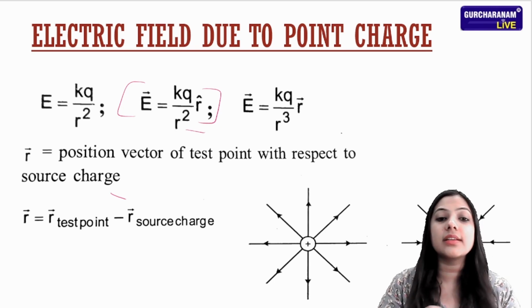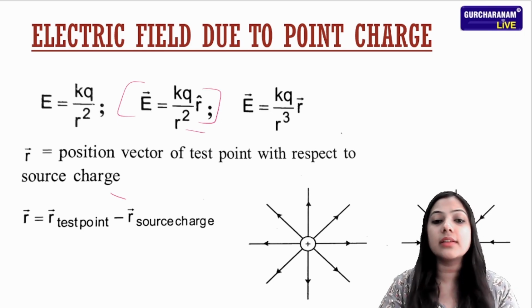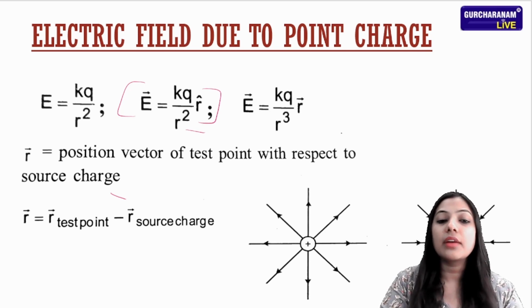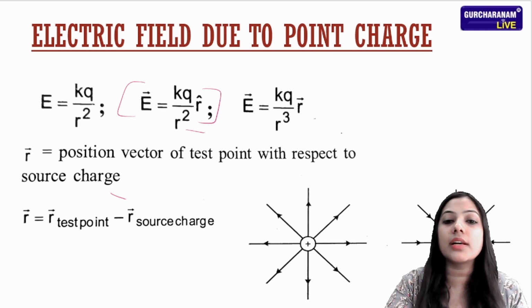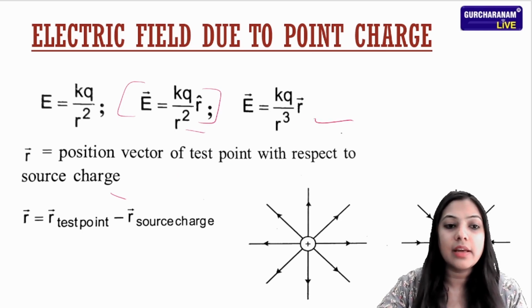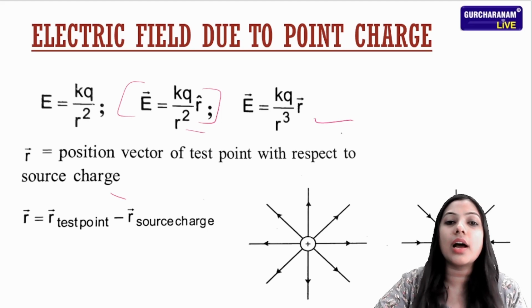So r vector equals r vector of the test point minus r vector of the source charge. We find r vector with the help of this formula, and we put its value in that formula. So we have three formulas of electric field. These formulas are for electric field due to point charge, and they only apply to point charge.